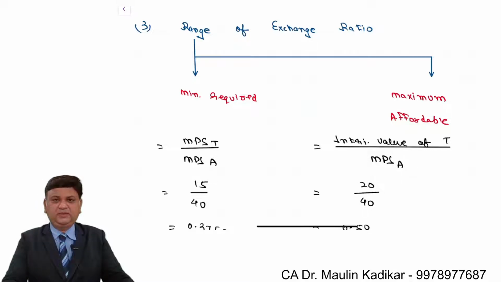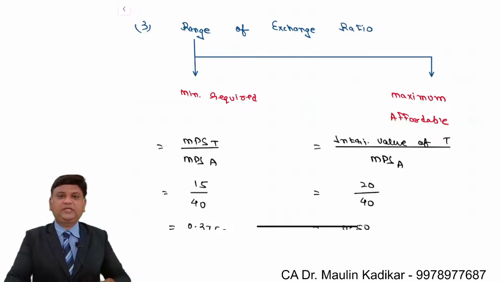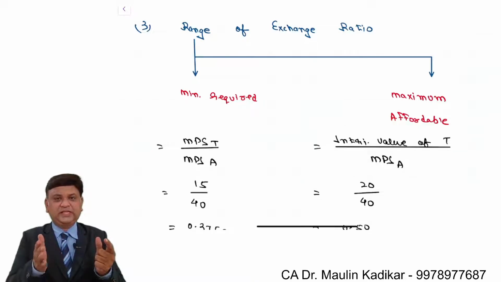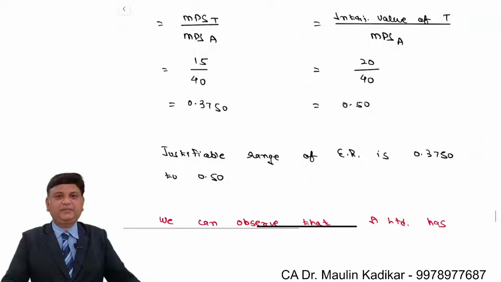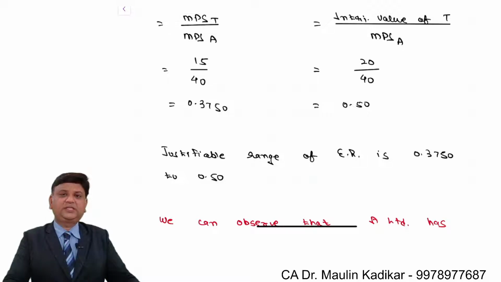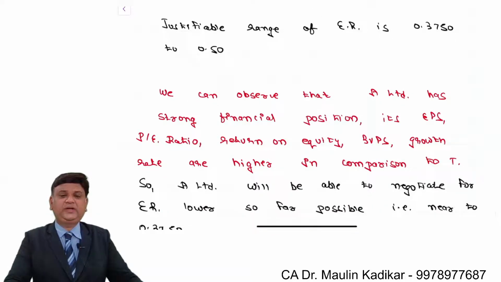First and second is simple. Third question is important, wherein we are required to compute the range in which the exchange ratio will fall, starting from the lower to the upper. So minimum required exchange ratio is MPS of T divided by MPS of A, and maximum affordable exchange ratio is intrinsic value of T divided by MPS of A. That is 0.375 to 0.50.